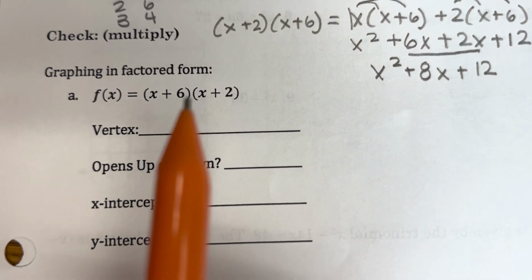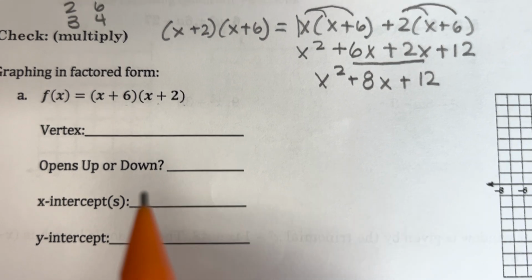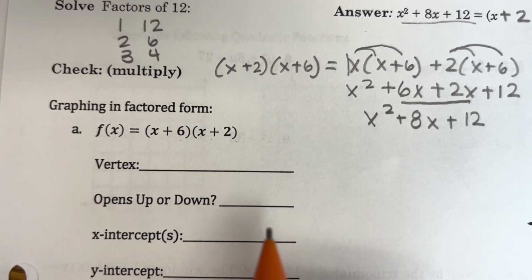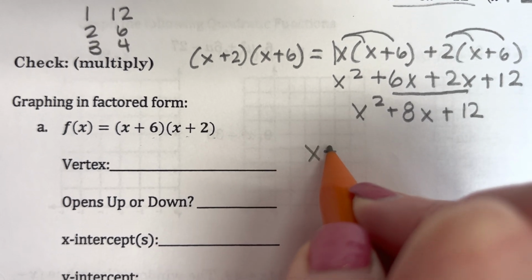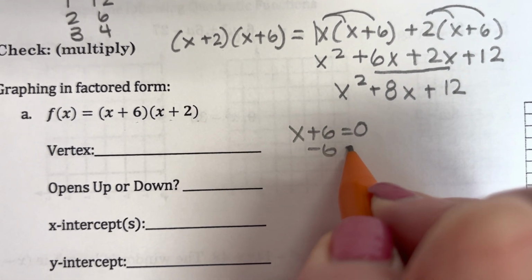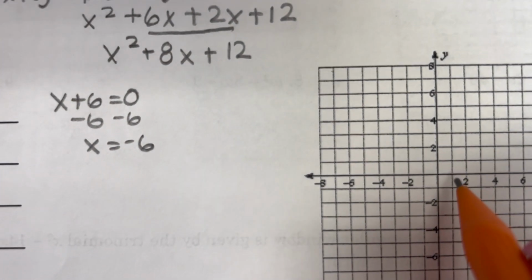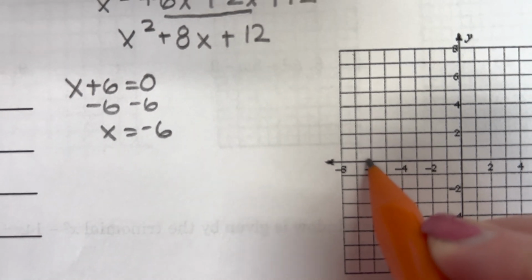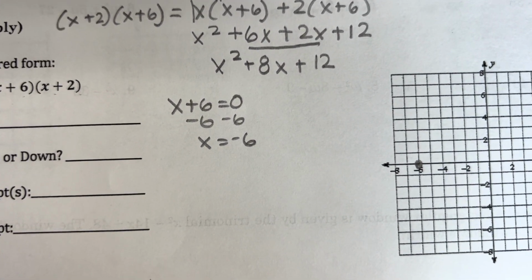Graphing in factored form, we have x plus 6 and x plus 2. So what we do is we take the x plus 6, set it equal to 0, subtract 6, and we get x equals negative 6. So at negative 6, I plot a point that's an x-intercept.